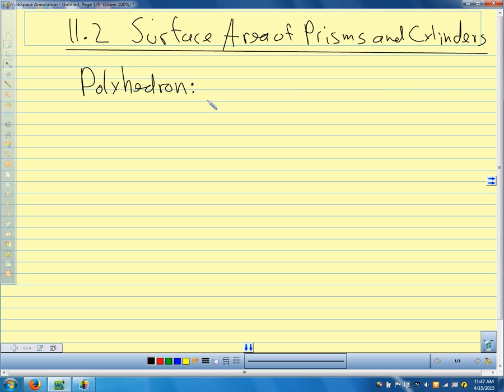So polyhedron is kind of like when we were talking about things with a bunch of sides in the plane, we have polygons. Well, polyhedrons are like polygons, except they're three-dimensional. So what we're going to say is a polyhedron is a solid that is made of pieces of intersecting planes.